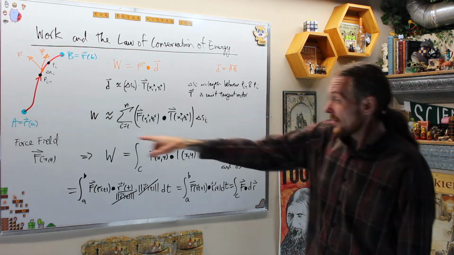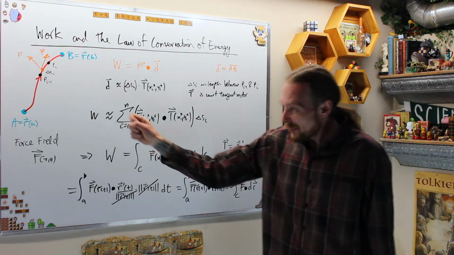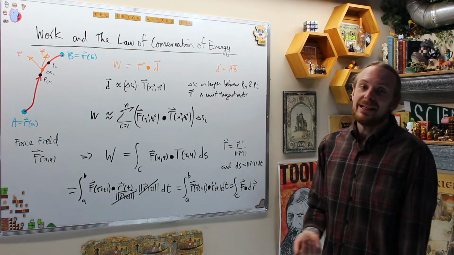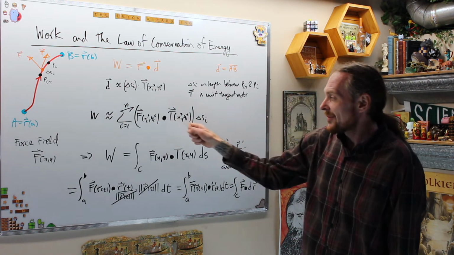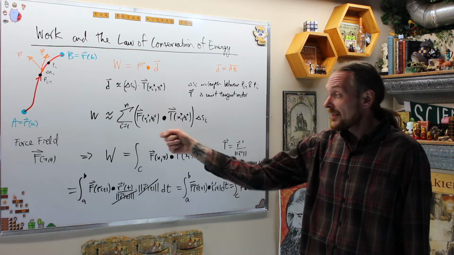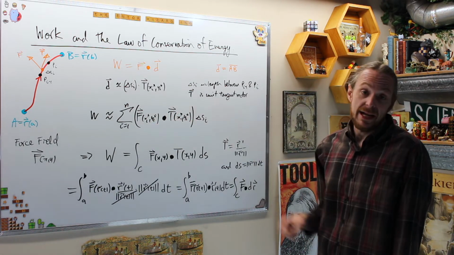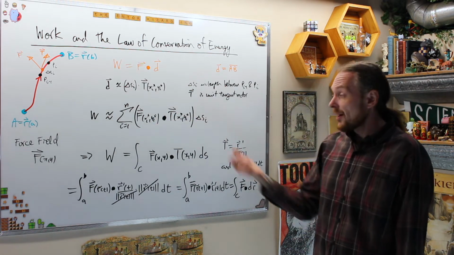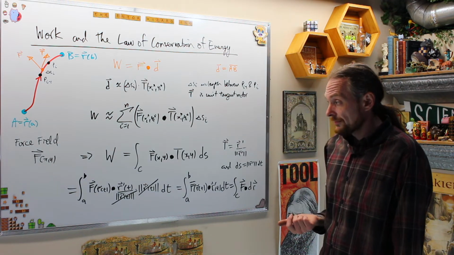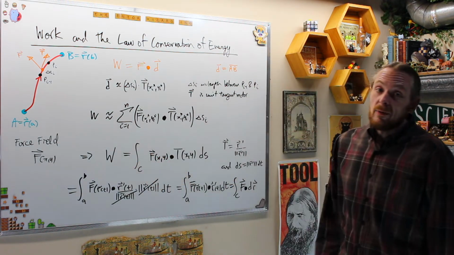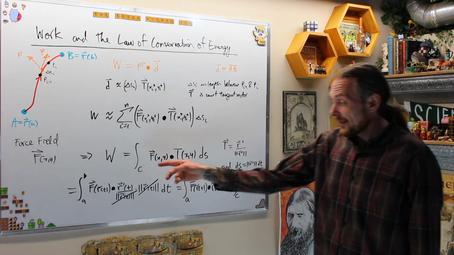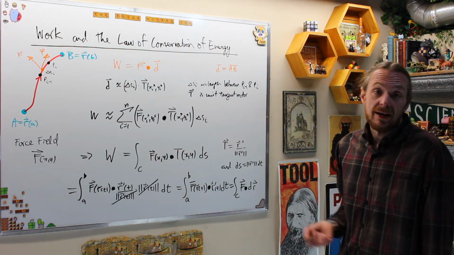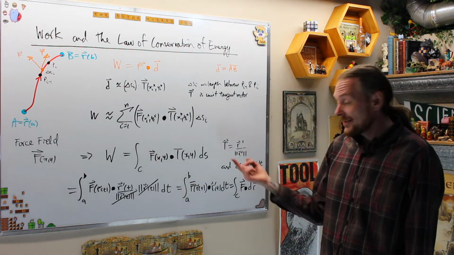Then what we're going to say is the work moving from A to B is approximately equal to force times displacement, which was the sum of all of those things. So the sum of the forces times the unit tangent vector times this arc length guy, which is a scalar multiple. Therefore, the work is the line integral over C of f dot this unit tangent vector ds.